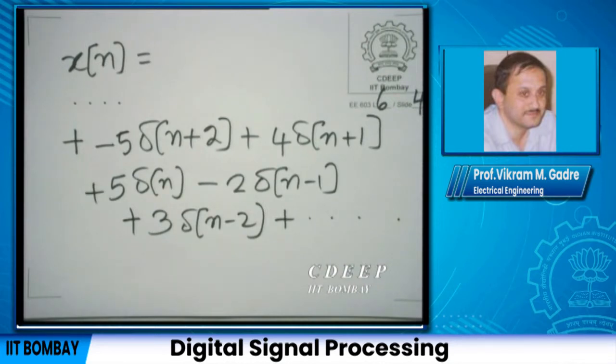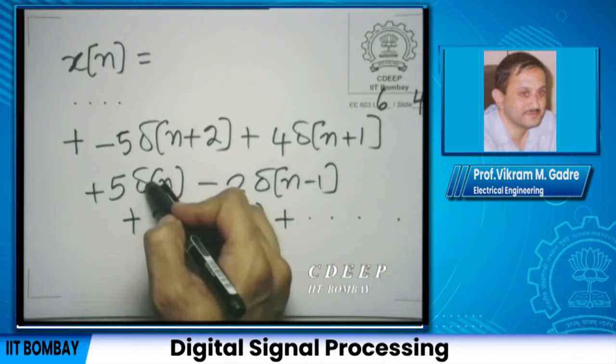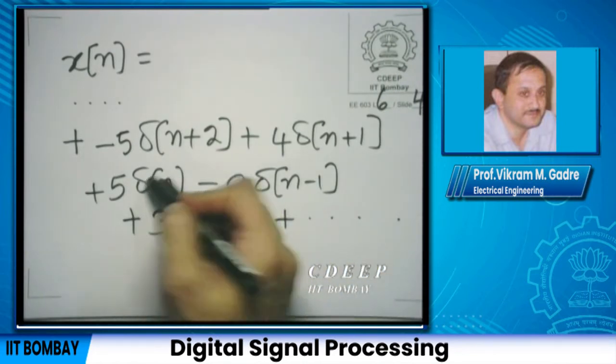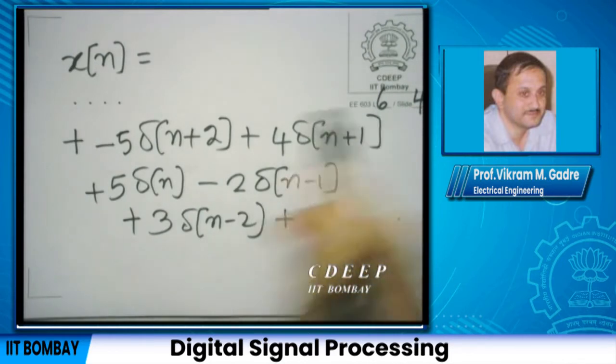In fact, we can now come up with a more general expression here. If we notice, a typical term in this summation is really the sample value at a point k multiplied by a unit impulse shifted by that k. So, for example, this is the term for k equal to 0, this is the term for k equal to 1, this is the term for k equal to minus 1 and so on and so forth.